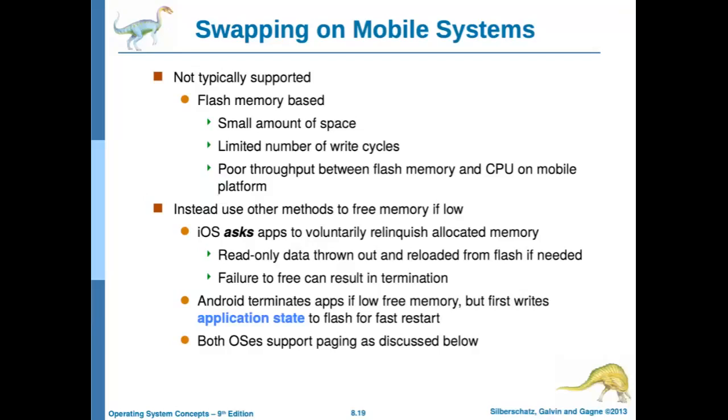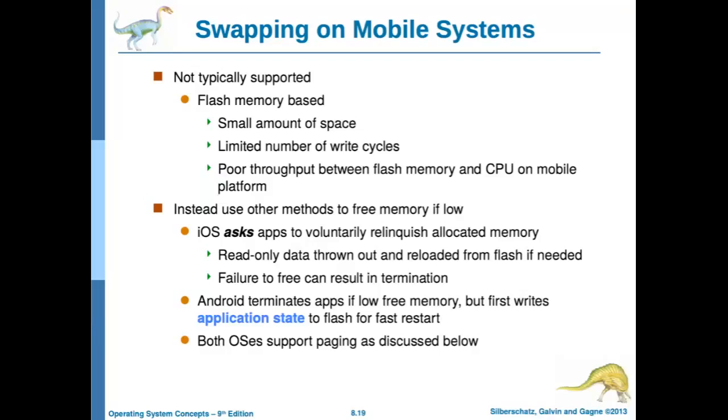For example, in the case of iOS, the apps will be asked voluntarily to relinquish the allocated memory. There are even certain applications available, like free memory, wherein if you execute them, a few apps will simply be removed from memory.